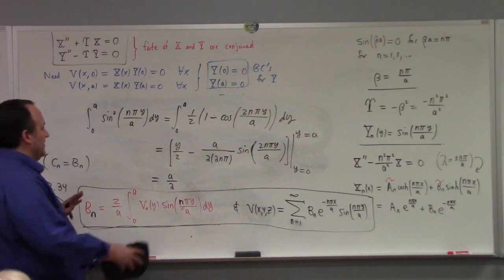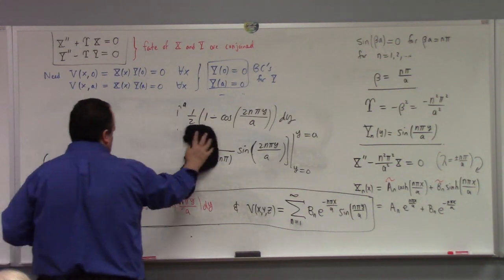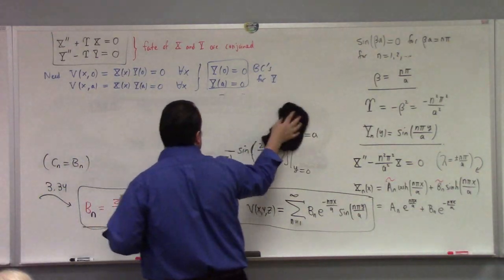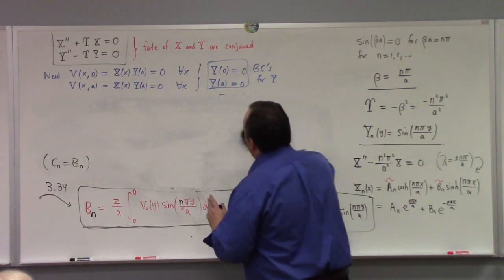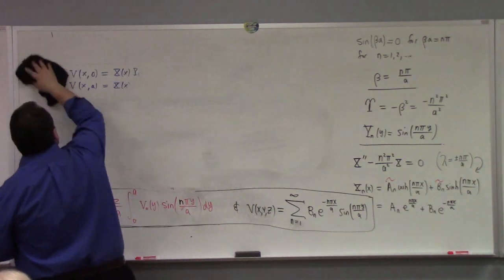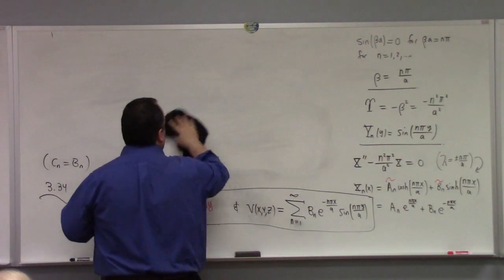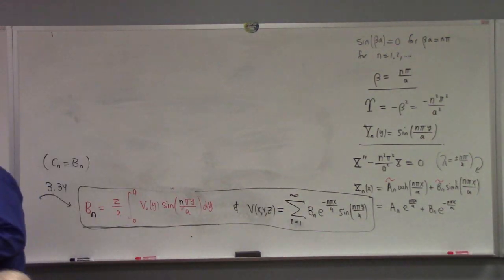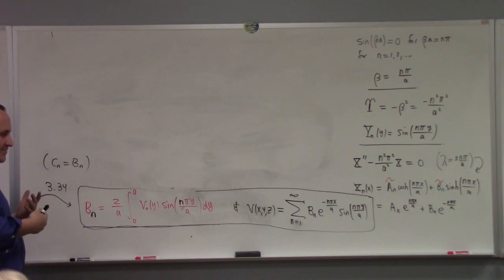Let me show you what I mean by that. The whole point of the Fourier trick is that it's a means to find the Fourier decomposition of the boundary condition.